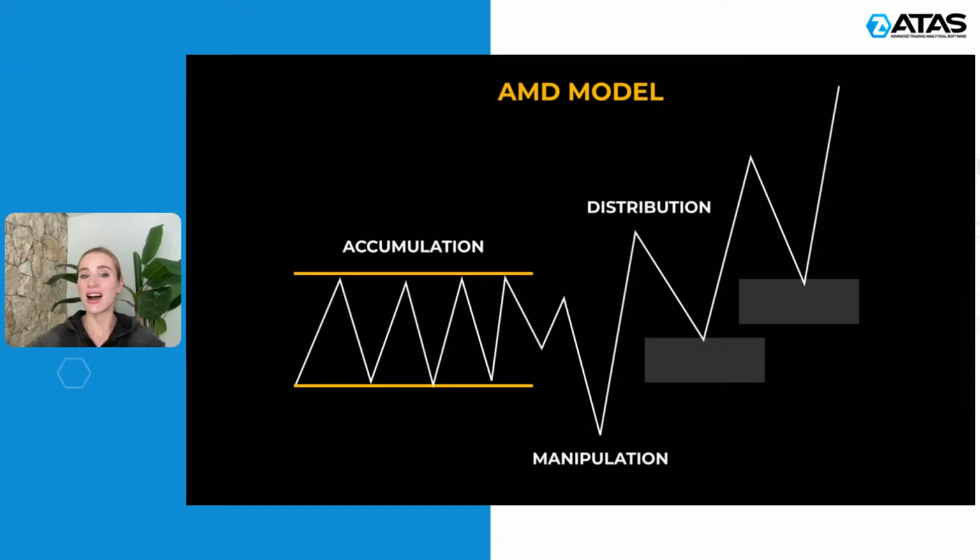Small traders are already overboard, and the ship, the market, is set to sail. The distribution phase is the start of the true trend and the direction where big players monetize and take profit on the positions which were accumulated in their accumulation.